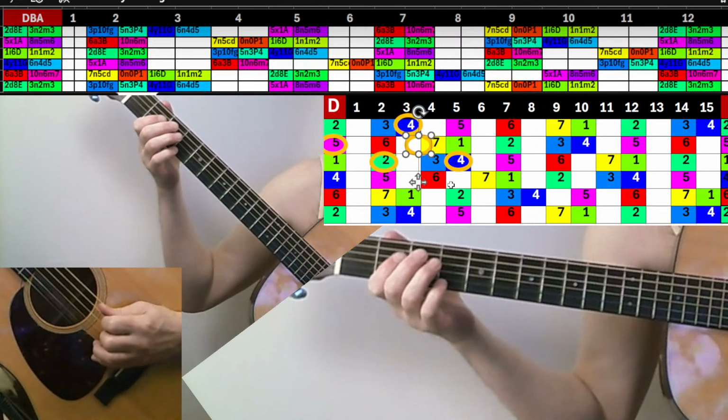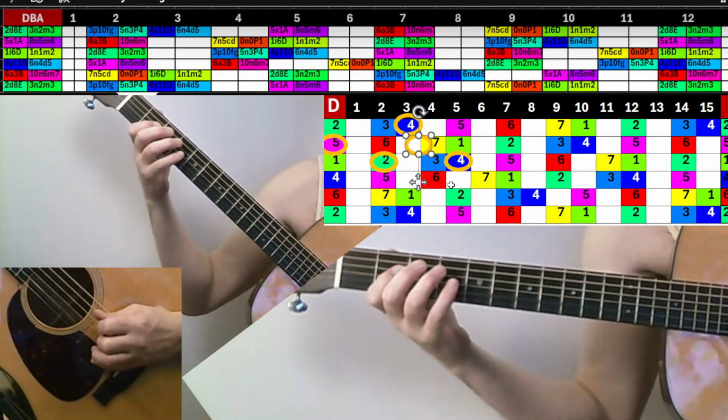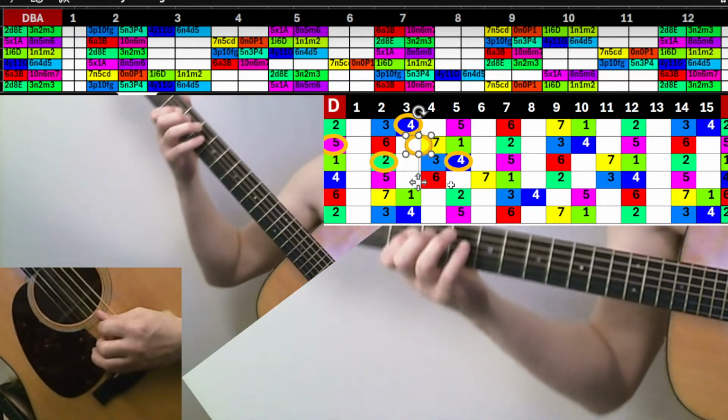Kind of just playing with rhythm after that, which I kind of like that. I guess that triple beat rhythm, I guess is what it is.